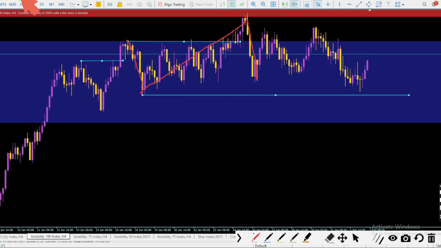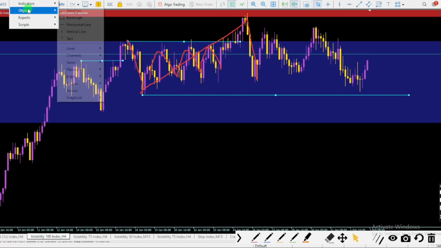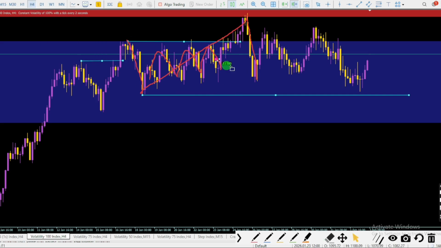Now, because of what was happening mid-range right here, this choppy thing that was going on, you can see we had so many demand zones. This is a demand zone. This is another demand zone right here. They are all intersected.